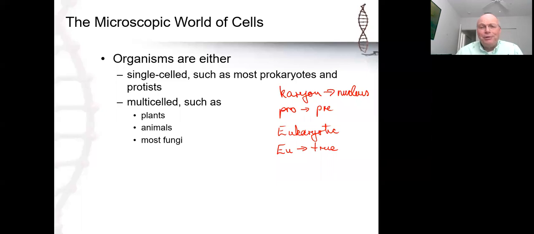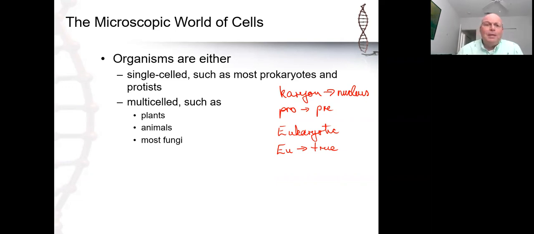But the average prokaryotic cell is never that big. That would be where we would start thinking about eukaryotic cells. And some eukaryotic cells do get large enough that you can actually see them with the naked eye. Barely, but you can see them. But again, most eukaryotic cells, and certainly the cells that are present in our body, are better viewed with the light microscope rather than with the naked eye.